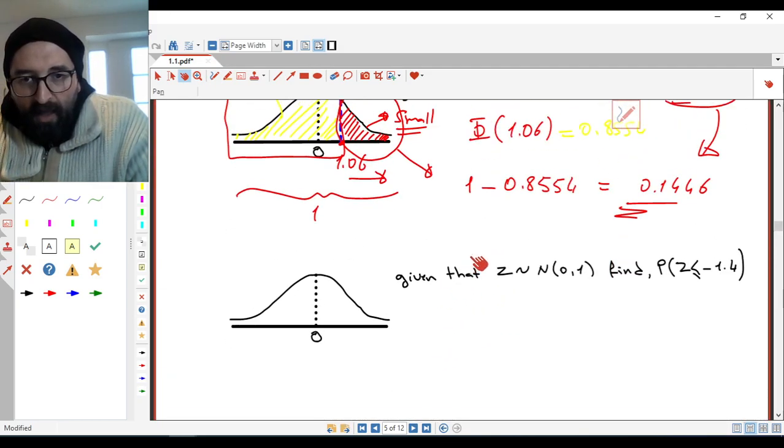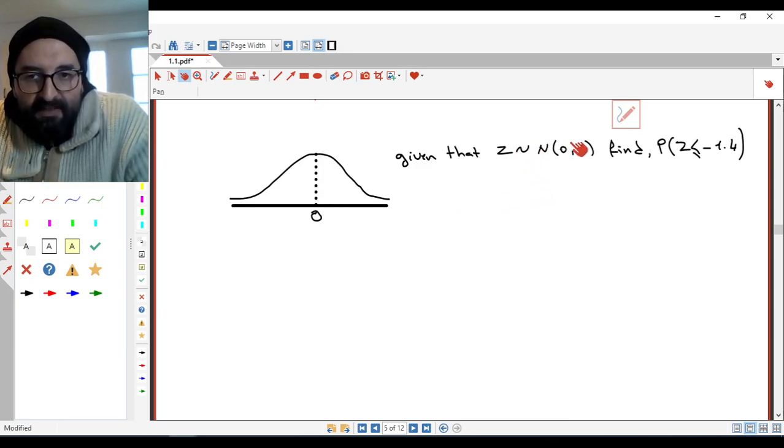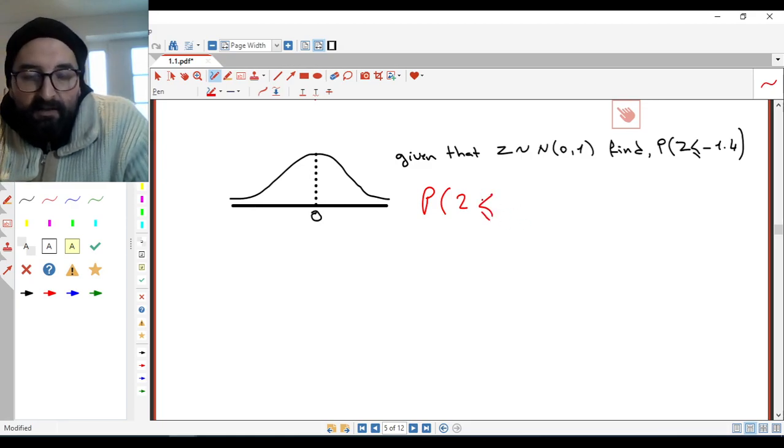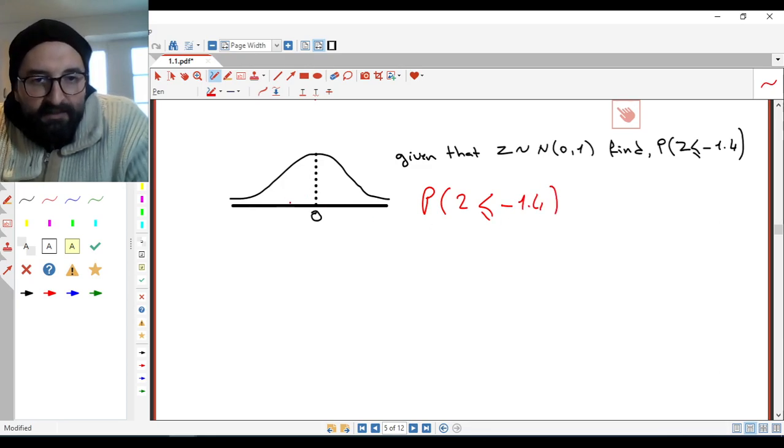Okay, and given that z is normal distribution and standard normal, and we are looking for the probability of z less or equals than negative 1.4, and negative 1.4 is here, and you have to draw a line, and then you have to determine which area you are looking for, and less than negative 1.4 here.